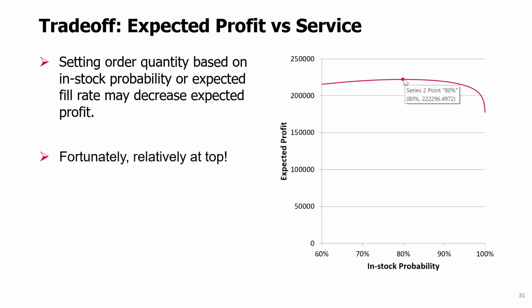Luckily, if you decide to go to 90 or 95% in-stock probability, you're not going to lose a lot of that profit. Only when you go to values extremely close to 100% in-stock probability do you get a significant drop in the expected profit.